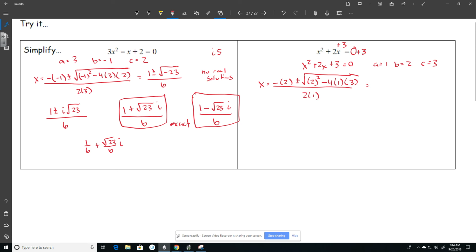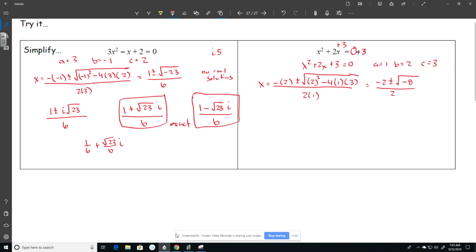So x equals negative 2 plus or minus. If I put 2 squared minus 4 times 1 times 3 in my calculator, I'm going to end up with the square root, and the underneath part becomes 4 minus 12, which is negative 8. All of that divided by 2.